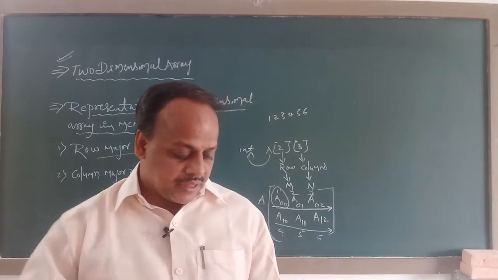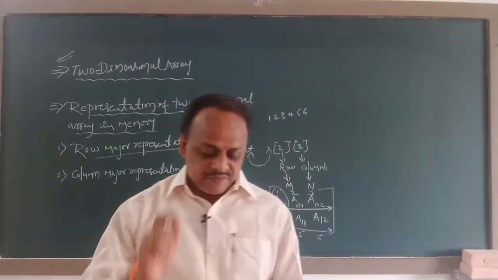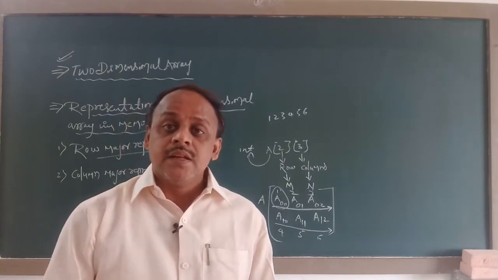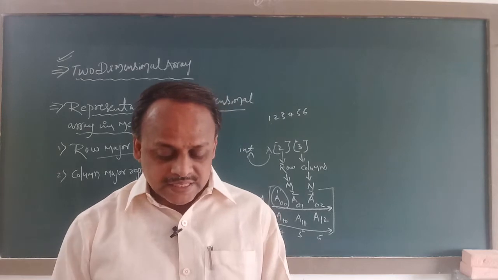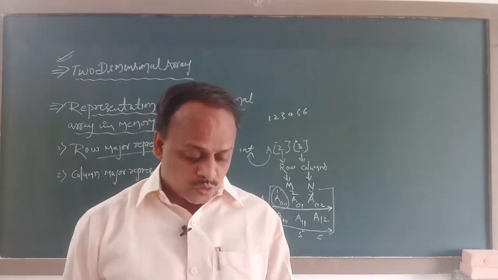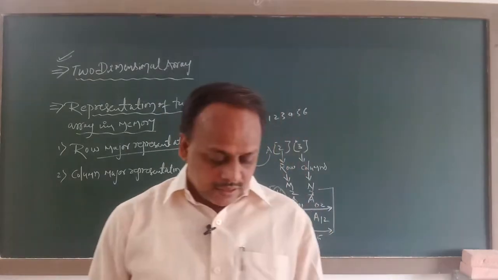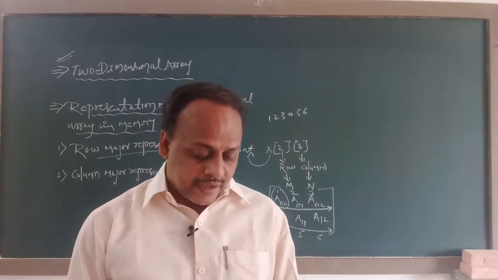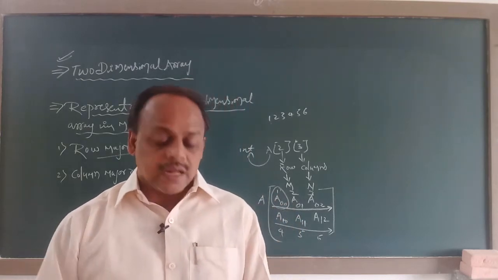So in the row major representation, the first row of the array occupies the first set of memory locations reserved for the array. The second row occupies the next set, and so on. In an array, elements are stored row wise, one after the other.